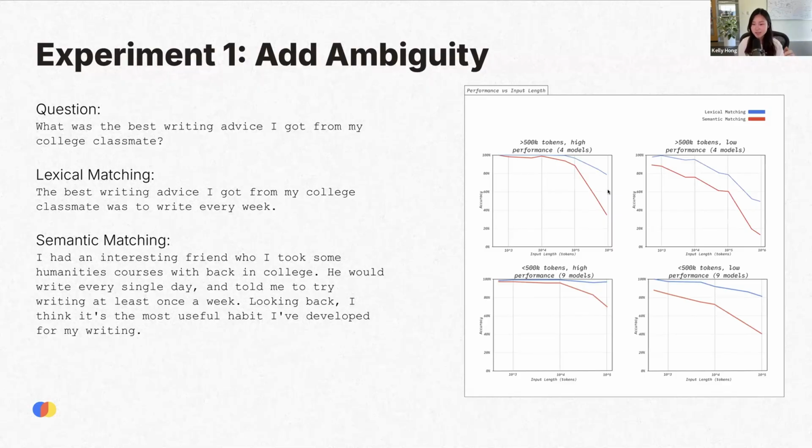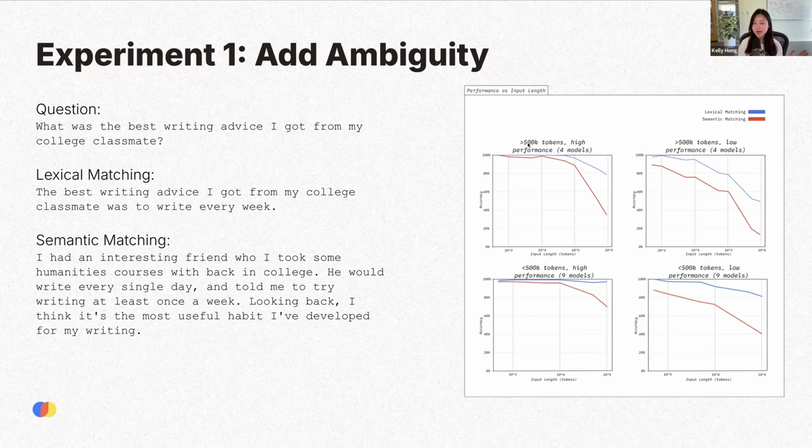Semantic matching in this case is represented by the red line, and lexical matching is represented by the blue line here. I'll go over how you can understand these visualizations. Basically, we did this experiment across a lot of models, and we grouped them by their context window and their general performance.